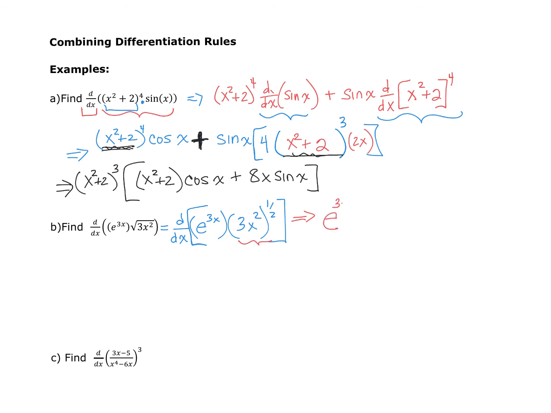The first, and then the derivative with respect to x of 3x squared to the 1/2 plus 3x squared to the 1/2 times the derivative with respect to x of e to the 3x.